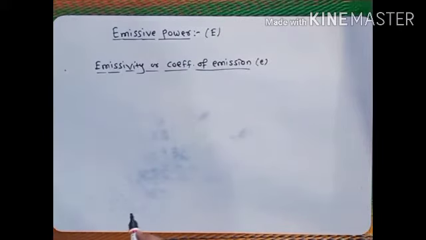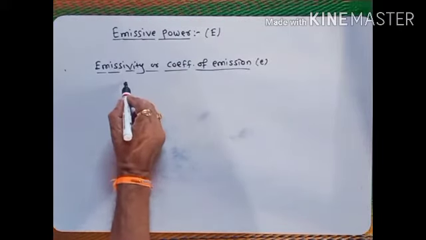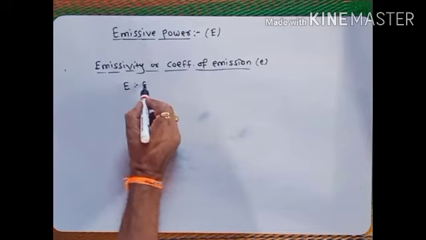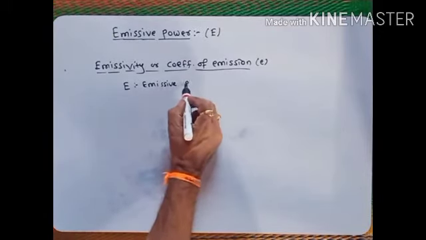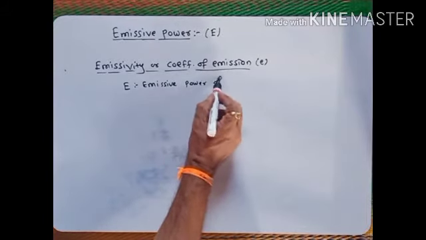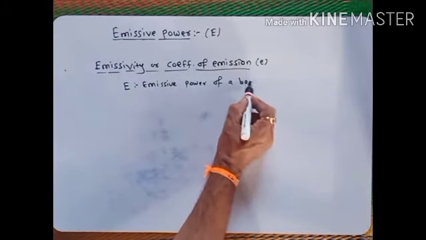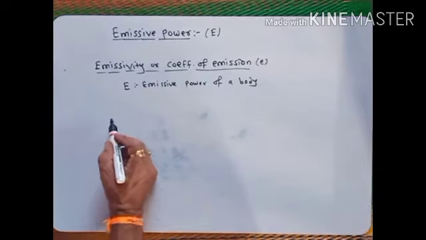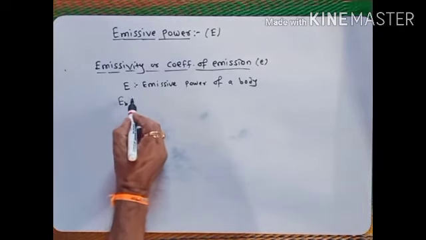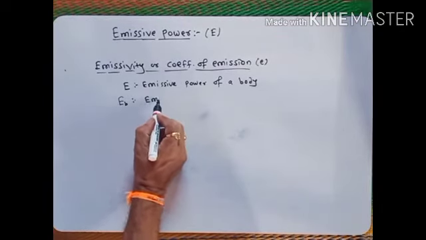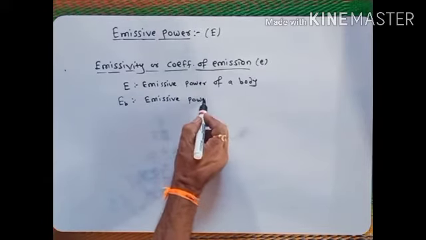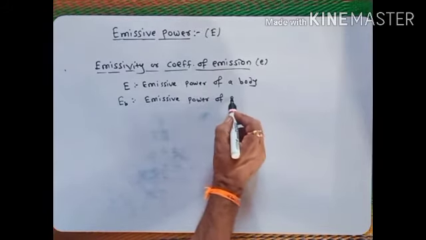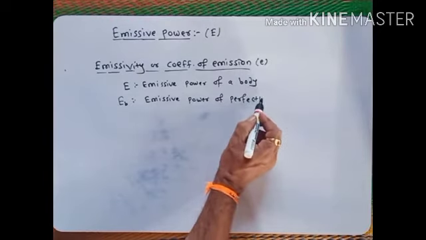Suppose emissive power of a body is E, and E_B is the emissive power of a perfectly black body.